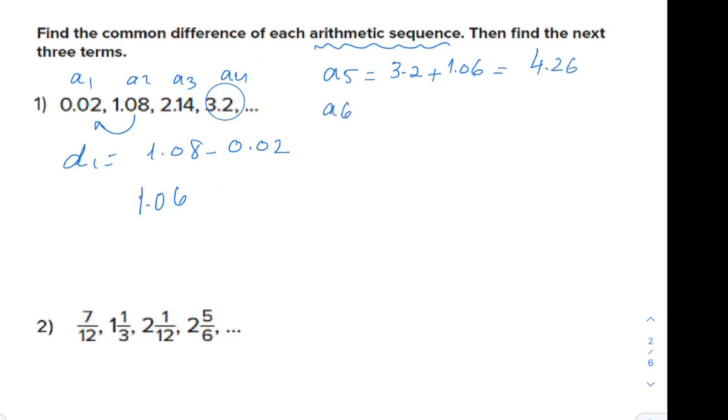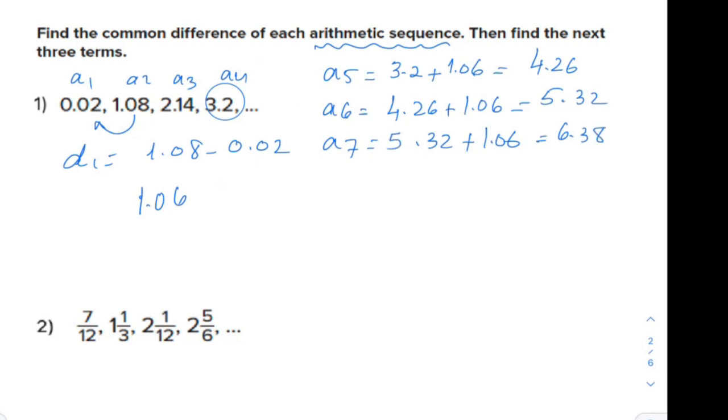So A6, term number 6, is 4.26. The last term we have got plus 1.06 is 5.32. And now A7, term number 7, is 5.32 plus 1.06, which is 6.38. So these are the next three terms that we can find.